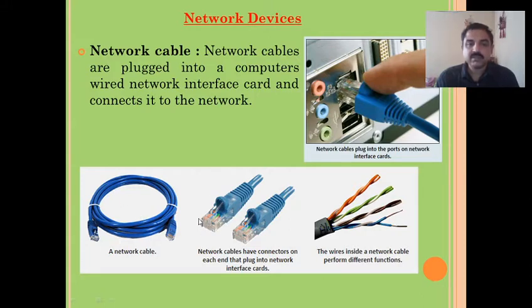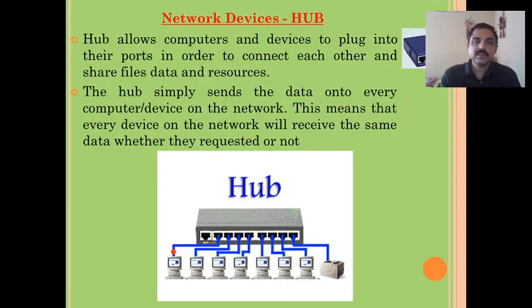This part we call an RJ45 connector, and the wires are inside the cable. There are different kinds of wires, and each wire performs some function. Clear?